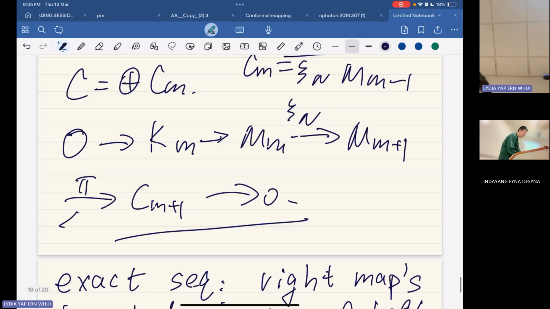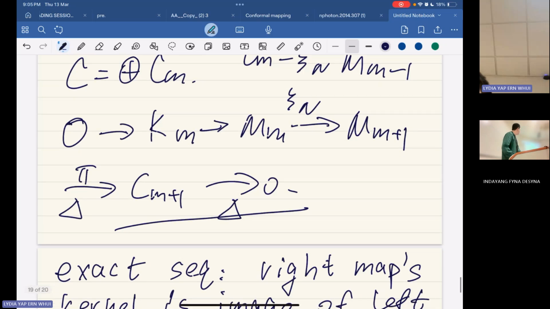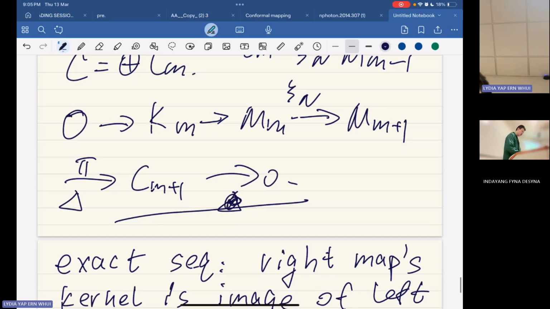Then let's look at this M. We know that the canonical map from a group to its quotient group should be surjective, right? So the image is also the whole C_{m+1}. So with that, this map's kernel is this map's image. And also, what is the kernel of the canonical map? It is the thing that you quotient by, right?